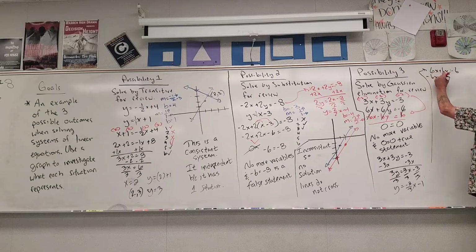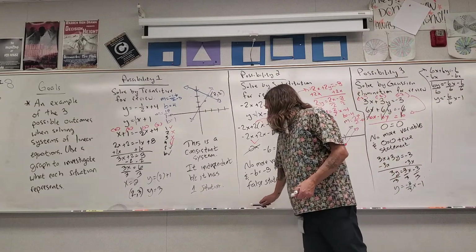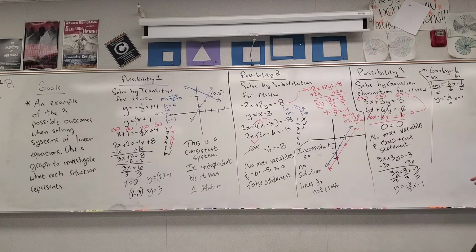Minus 6x to both sides. I now have 6y equals minus 6x minus 6. Divide everybody by 6. And I'm left with y equals minus 6 over 6x minus 1. All right, I'm going to graph each of these again using two different colors, and hopefully we can see what's happening with the lines, and hopefully that makes sense to why we get this result.